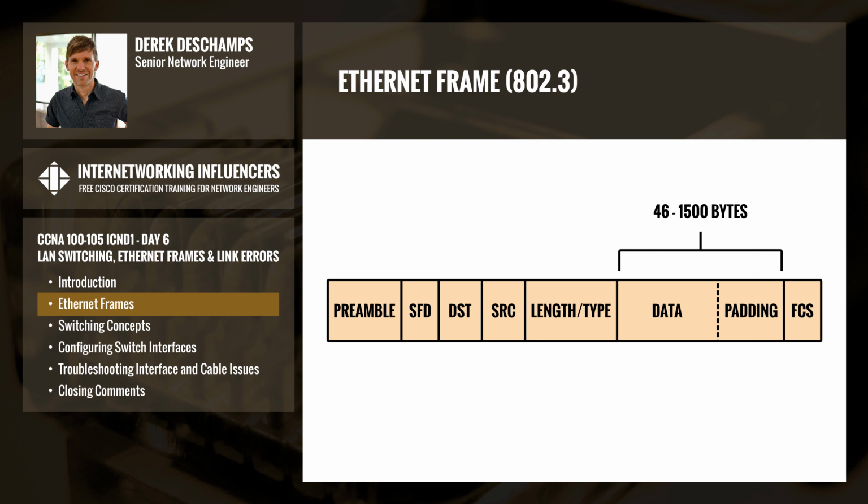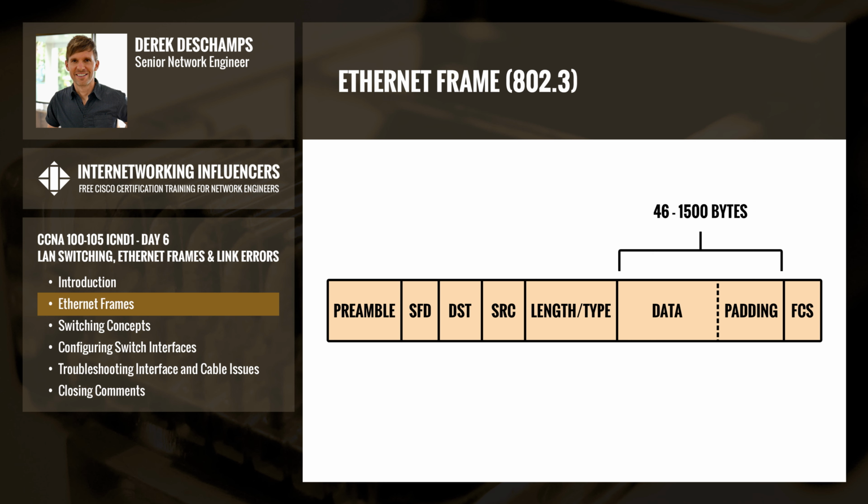The destination address field contains the MAC address of the destination host. The source address field contains the MAC address of the sender. The length type field is used to indicate the type of protocol that is contained inside the data field.